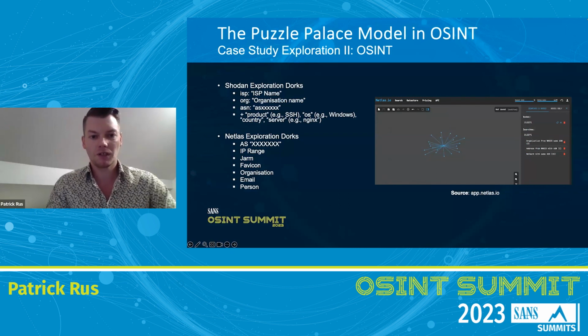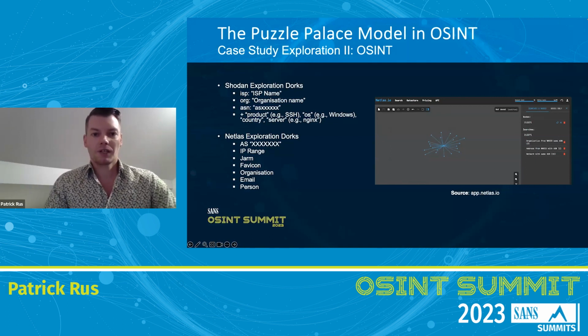A complementary tool here is Netlas, which provides a discovery feature and a nice visualization feature where you can map or build the dots between different IP ranges or servers under the same autonomous system number, for example, or the same hosting company. Of course, you can make different types of connections here.